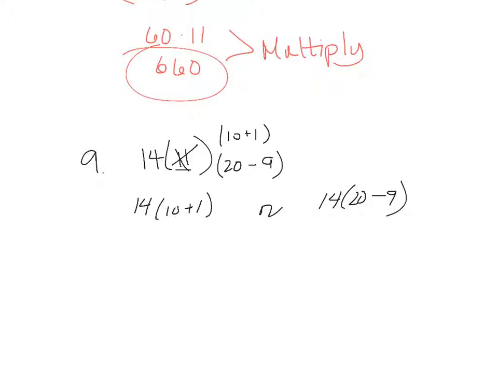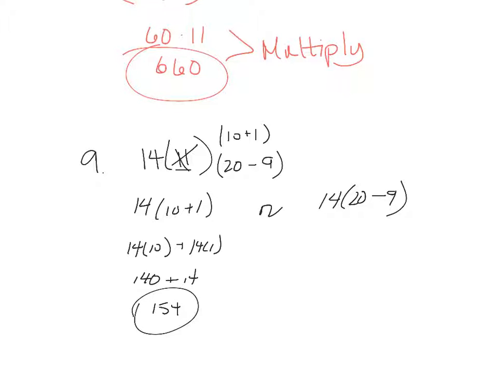You can pick which one you're going to do. You take 14 times 10, bring the plus sign down, and then 14 times 1. 14 times 10 is 140, plus 14 times 1 is 14. You add those and you get 154.